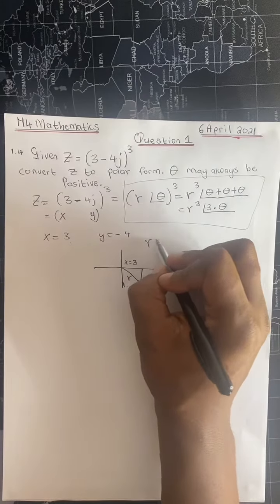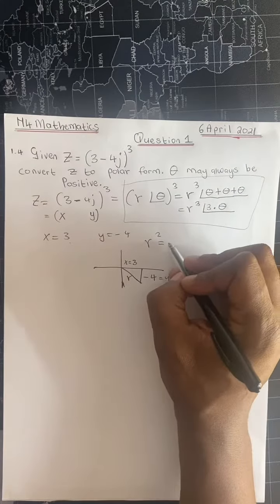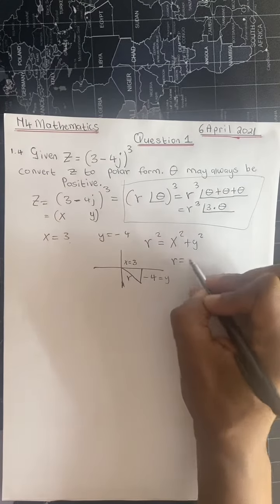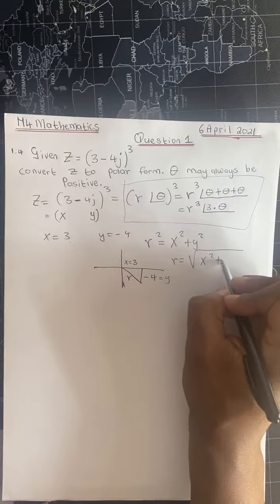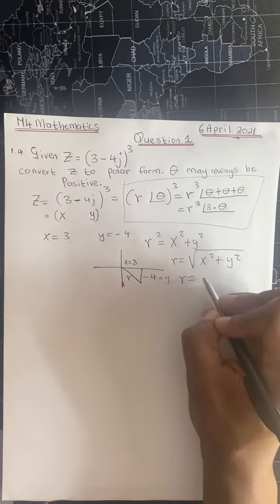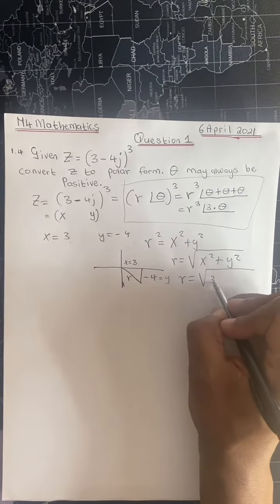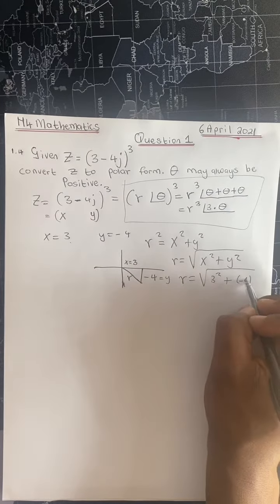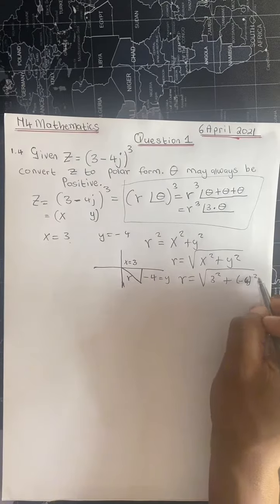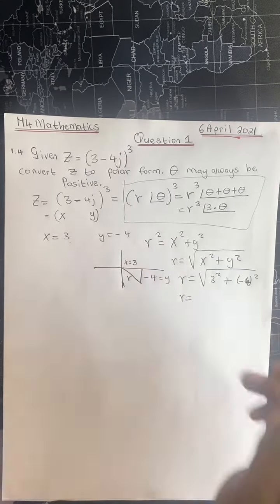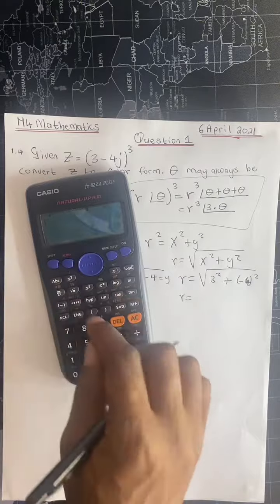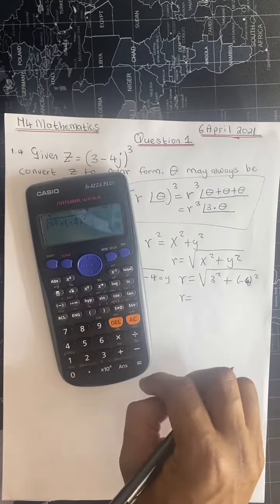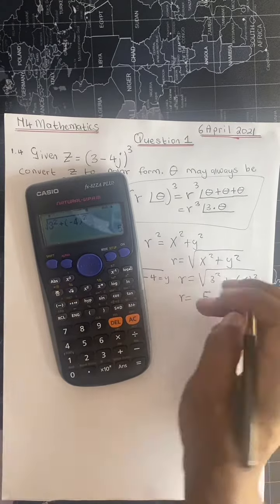To find the radius, we use the theorem of Pythagoras. r squared is equal to x squared plus y squared, so r is equal to the square root of x squared plus y squared. Our x is 3 squared plus our y, negative 4, squared, so r will be equal to 5.